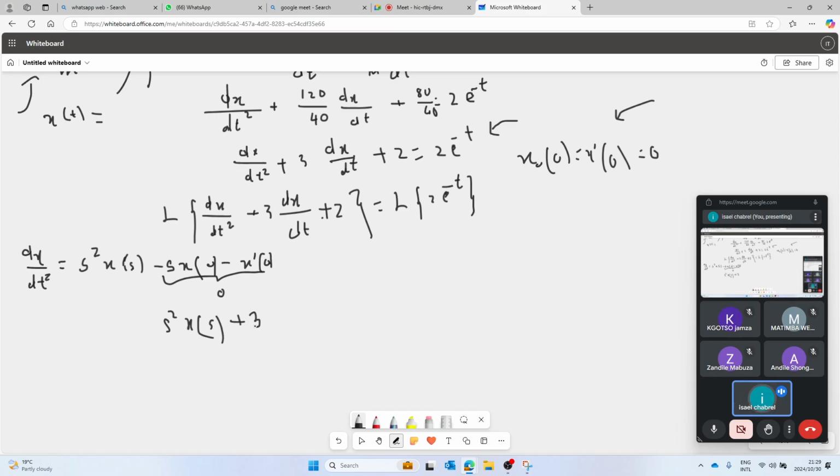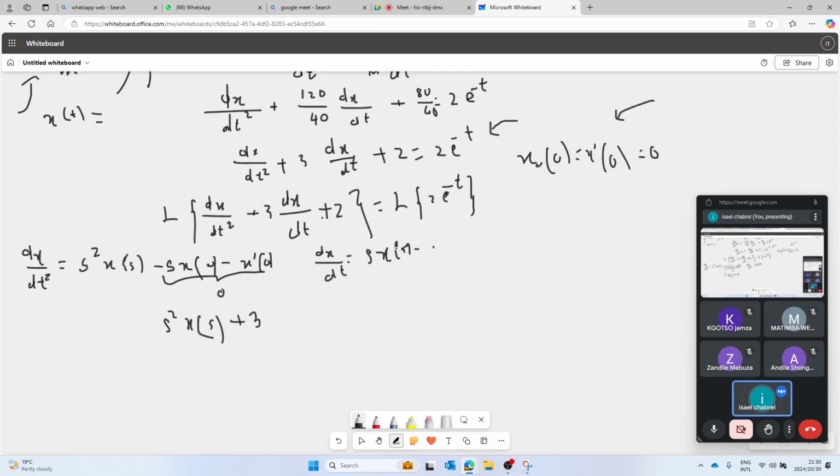Plus 3 times Laplace of dx/dt. What does the formula say? Let me write it here, but this will be provided to you. It simply says s times X of s, minus... excuse me, I don't know why I'm writing y. I'm writing y because where I'm copying this formula from, it is written y.